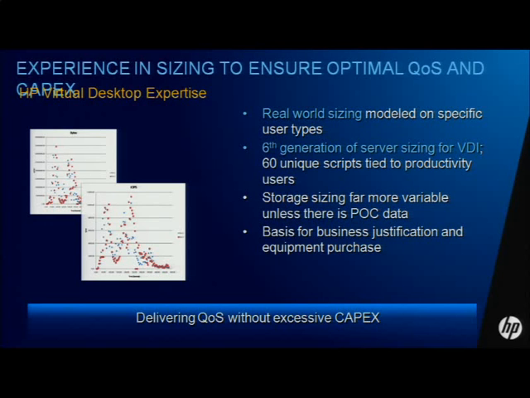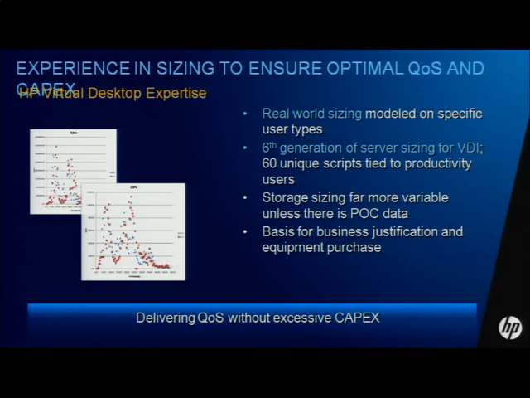Then we have what we define as a productivity worker, which got us to the 1,600 number. That's someone who's running around 14 applications, Microsoft Office, with Outlook open all the time. So we designed scripts around that user scenario.